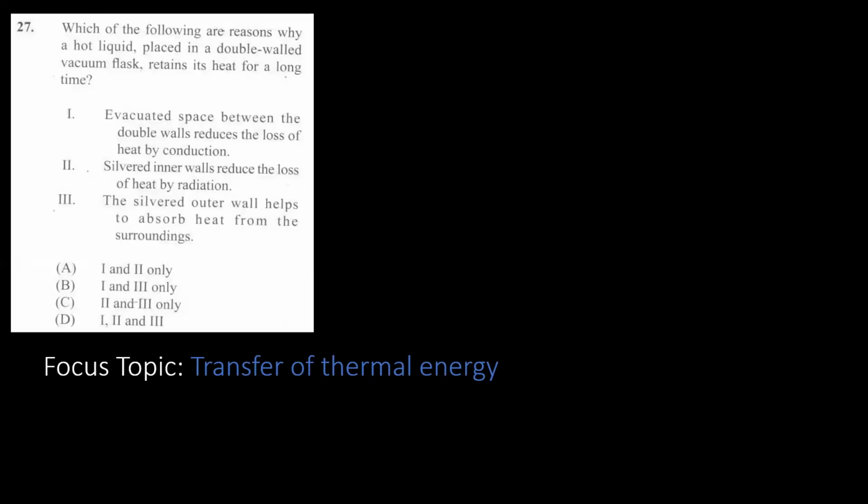Number 27, which of the following are reasons why a hot liquid placed in a double-walled vacuum flask retains its heat for a long time? Now, we know that shiny surfaces are not good absorbers of radiation in terms of heat, and so option 3 would be out of it.